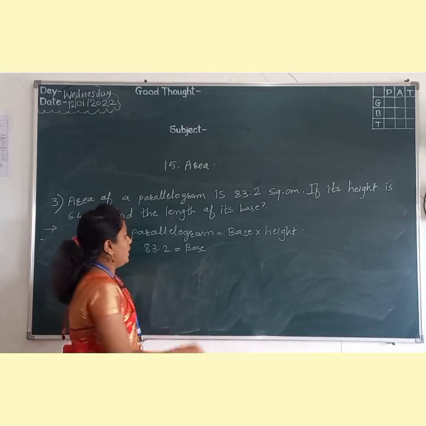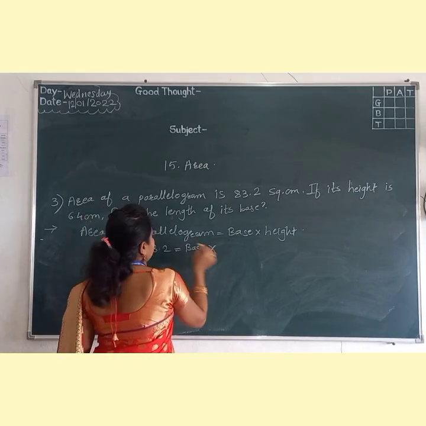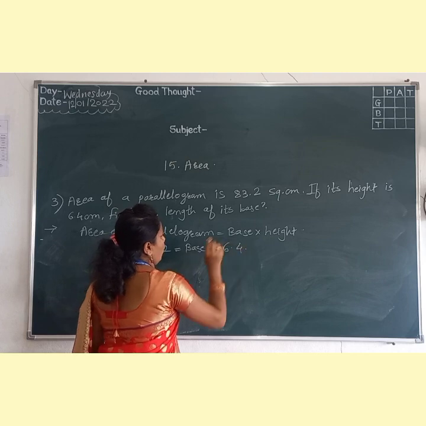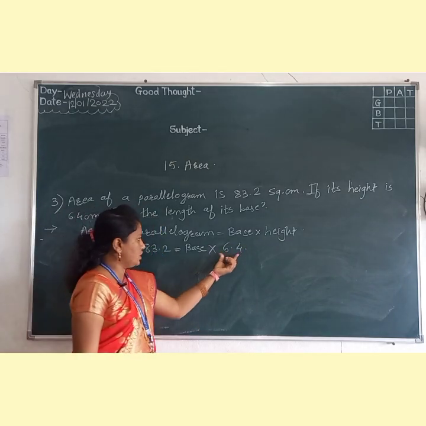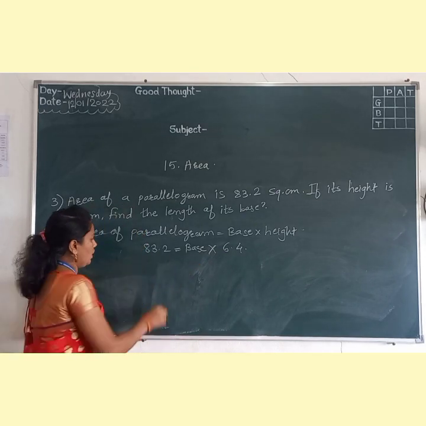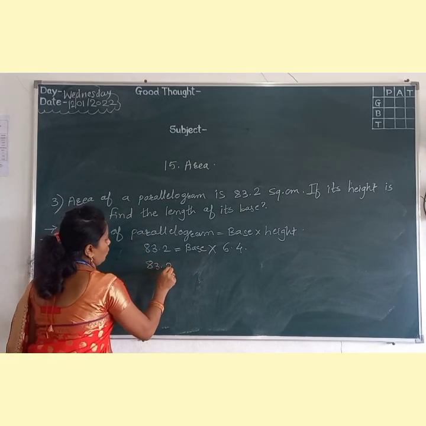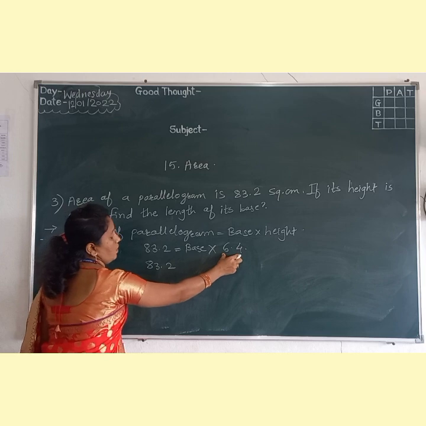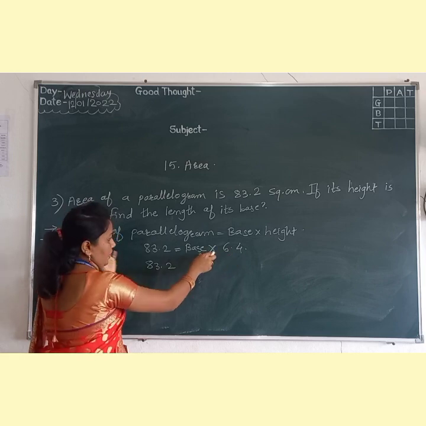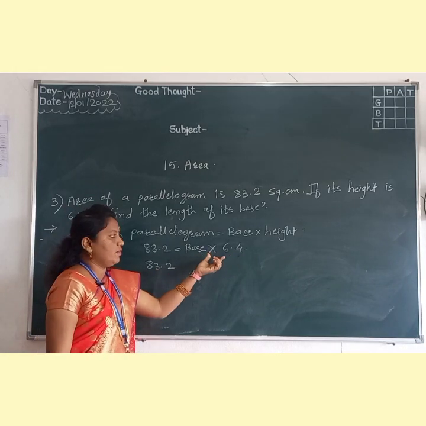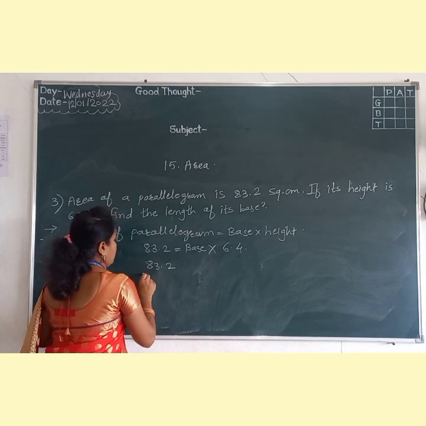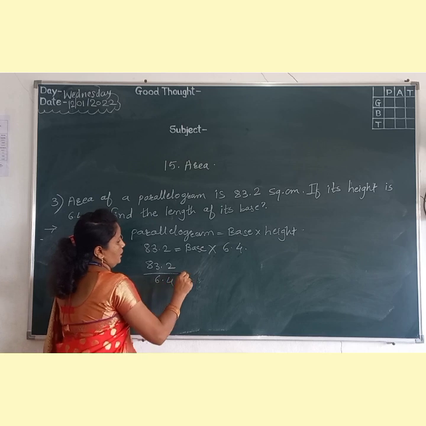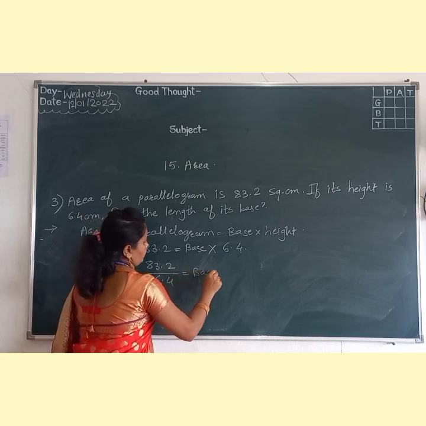Then the height is 6.4. Next step, 6.4 is transferred to this side. Here 6.4 is multiplied to base, so whenever you transfer it to the left hand side it will be divided. 83.2 divided by 6.4 is equal to base.